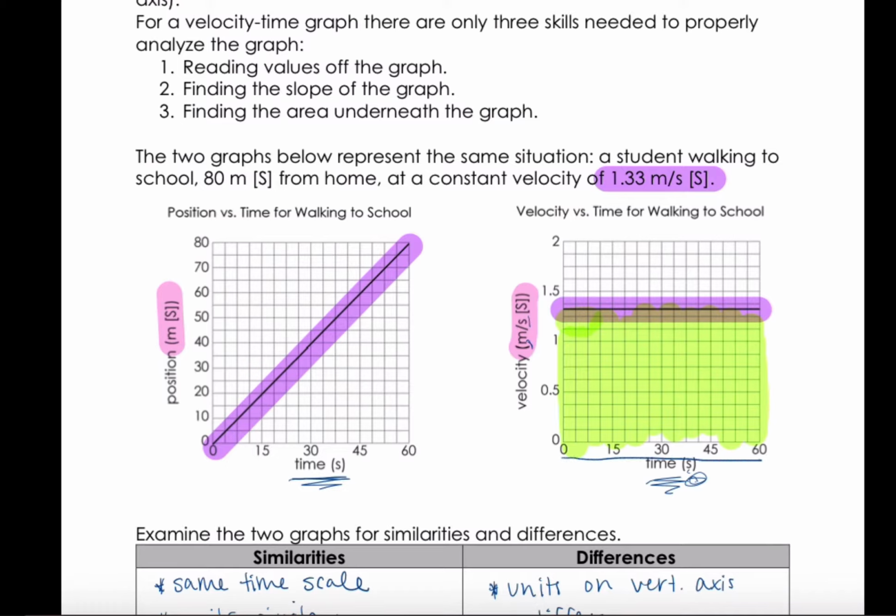Because it is just a rectangle, to find the area it'll be length times width. We have a length of 60 seconds, and then our height is 1.33 meters per second south.